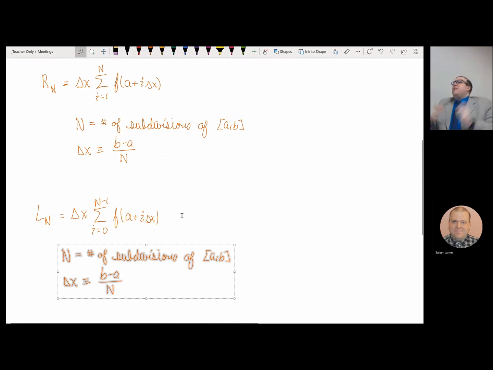These are technically valid numerical techniques for approximating an integral. Those are the old ones.